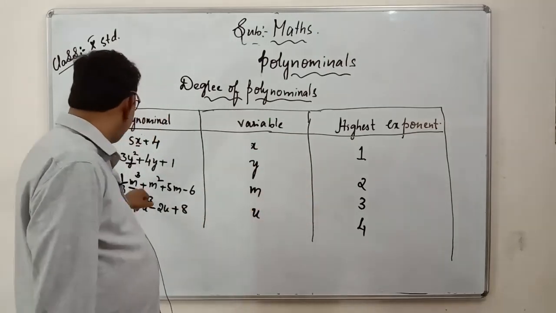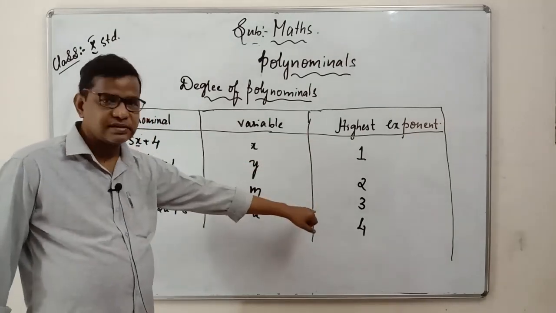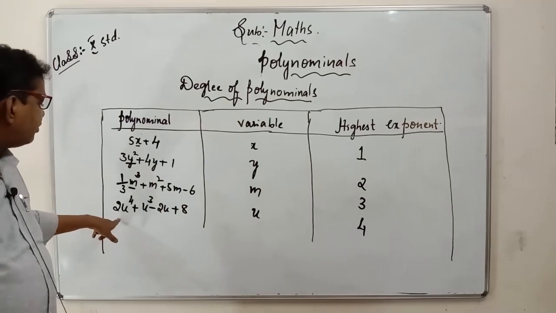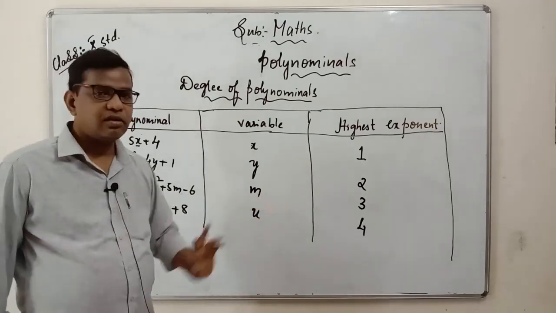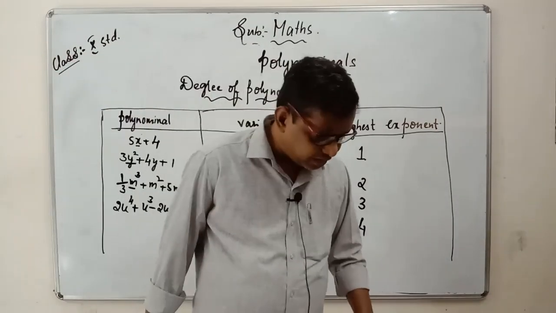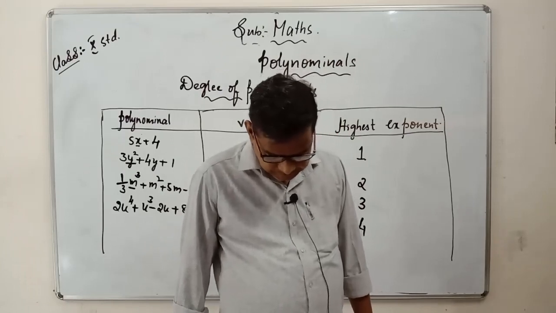In the third we have m as the variable, and the highest exponent is 3. And in the last one we have u as the variable, and the highest exponent is 4. So children, try to copy this table, because this table is very important for you, so that you can remember very easily.